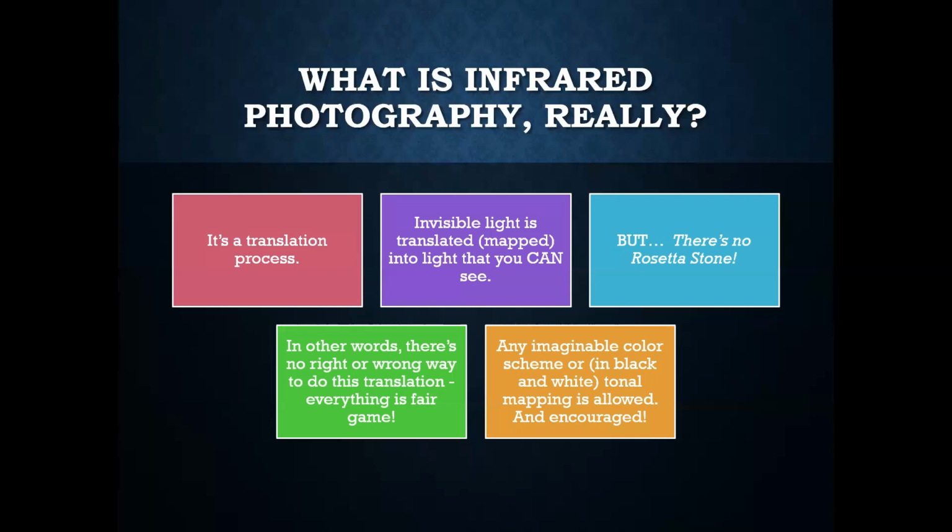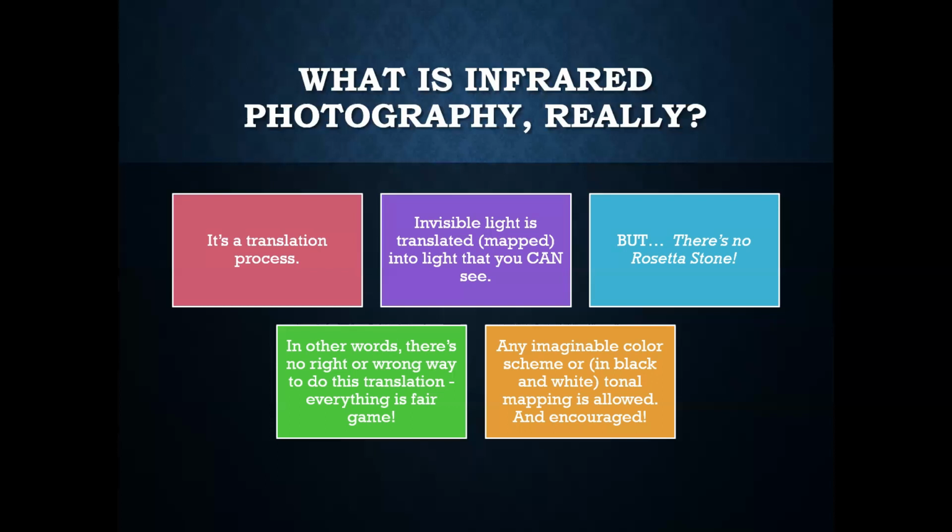So the nice thing about that is that there's no Rosetta Stone for that translation. There's no right or wrong way of doing it. There's no rules that govern what you can and can't do, which means you can do anything, literally. The range of possibilities is enormous.